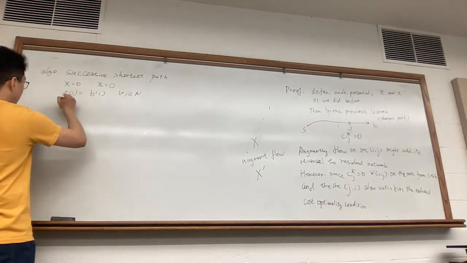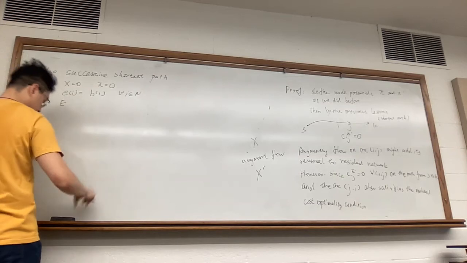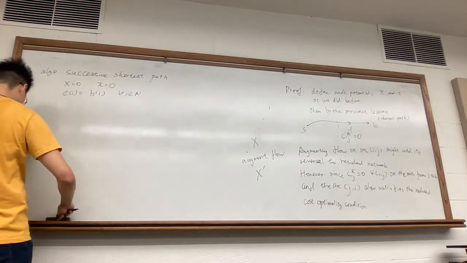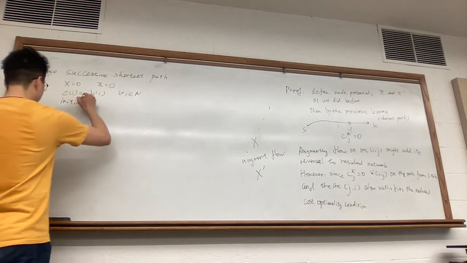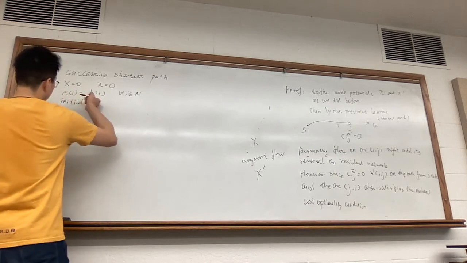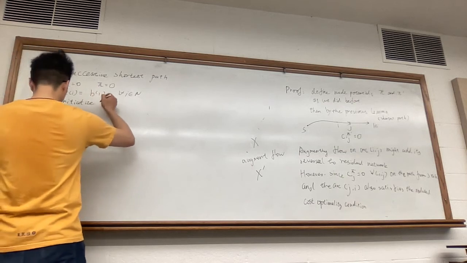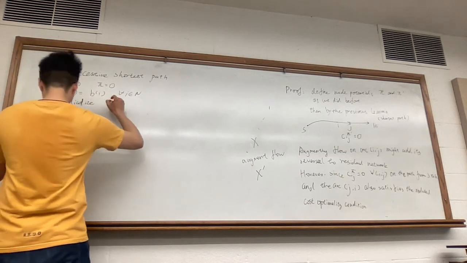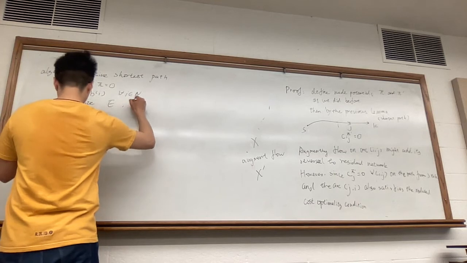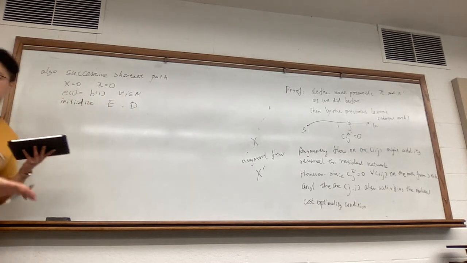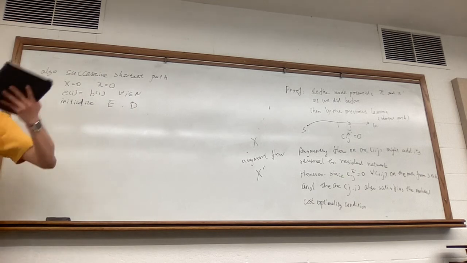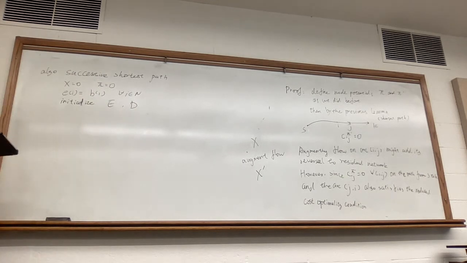And we also initialize E and D. So we know that initially e_i equals b_i, and for b_i, some will be positive, some will be negative, and the summation of b_i equals 0, right?